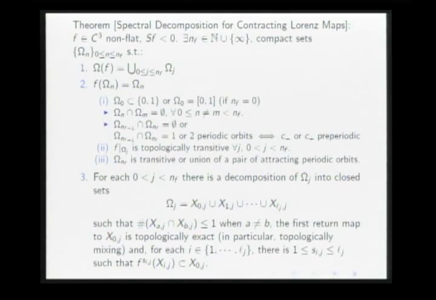So if you have a contracting Lorenz map, what you can say about the non-wandering set is that there is a sequence of different compact sets, omega n, like this. This sequence can be infinite, and they are invariant.